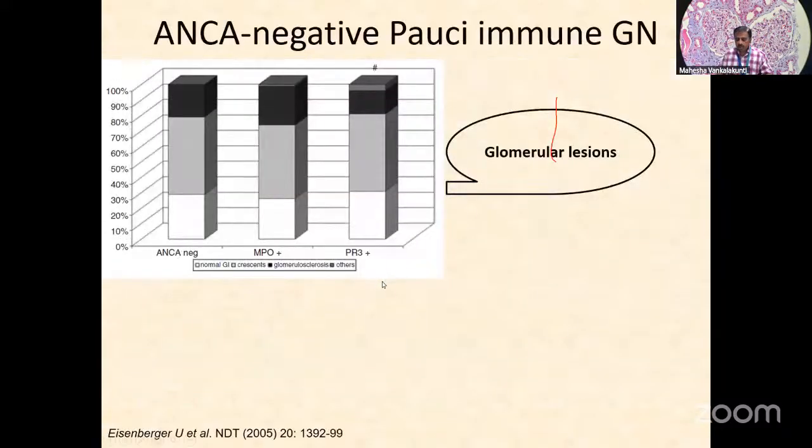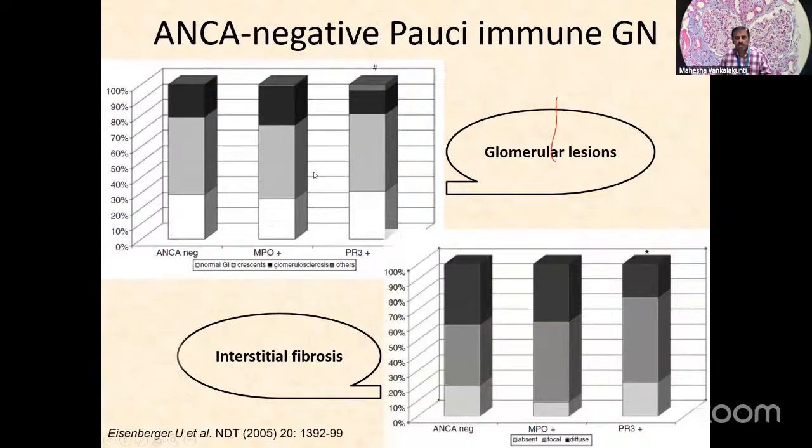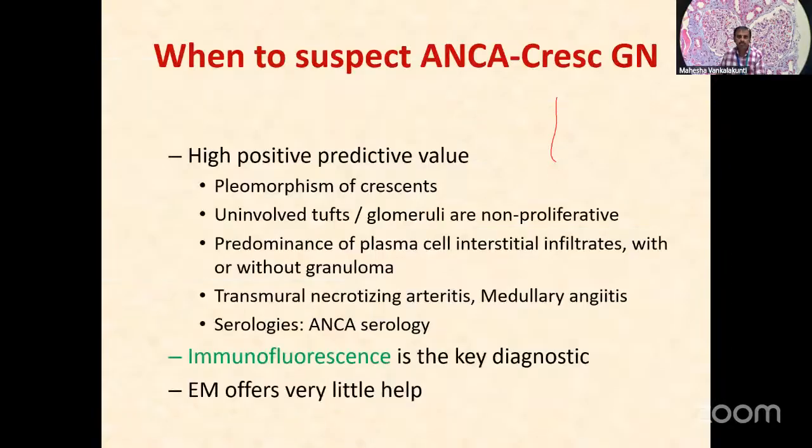As you see here in the various lesions, the glomerular lesions and the interstitial fibrosis, especially this interstitial fibrosis is diffuse and the dominant finding in cases of ANCA negative, and thus it has a very poor prognosis compared to the ANCA positive ones.